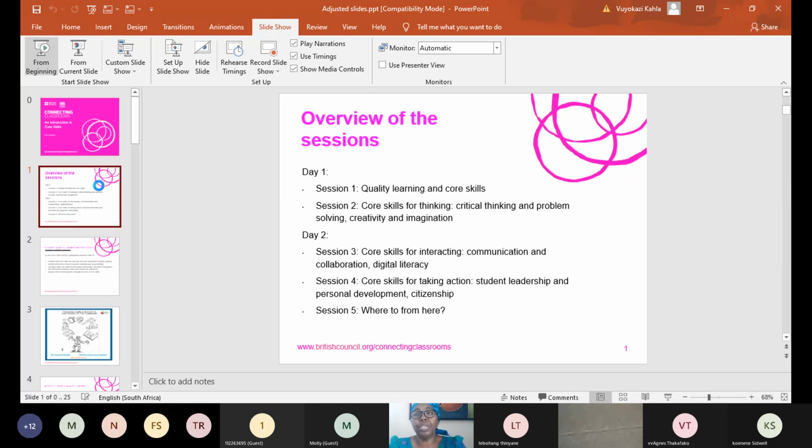At the end of the day, when you have gained all the information, all the knowledge, and all the skills, you will be required to take the challenge that you have identified last week and you plan on it, you collaborate and communicate about the project that you have chosen for your school.